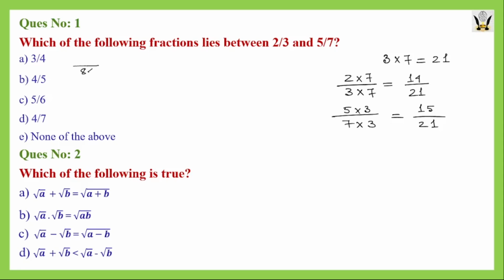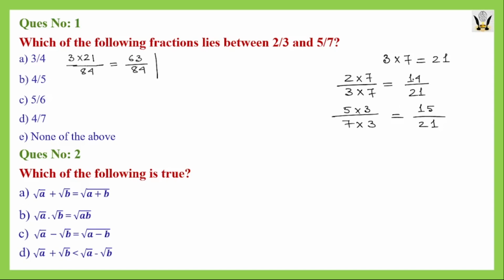So 84 divided by 4 is 21. So the new numerator will be 3 multiplied by 21, as 21 multiplied by 4 gave us 84. So the new value with the same denominator will be 63 divided by 84.